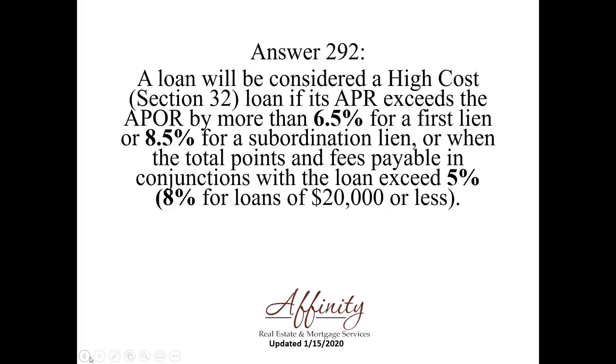A loan will be considered a high cost loan, Section 32, if its APR exceeds the APOR by more than 6.5% for a first lien loan, or 8.5% for a subordinate loan, or when the total points and fees payable in conjunction with the loan exceed 5%, or 8% for loans of $20,000 or less. Look at those and get in your head the larger numbers. The larger numbers constitute the high cost Section 32 loans.